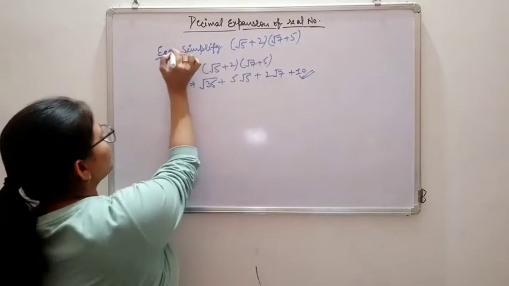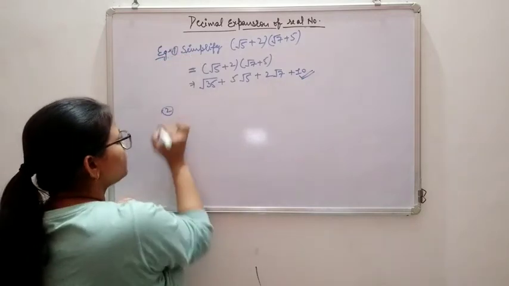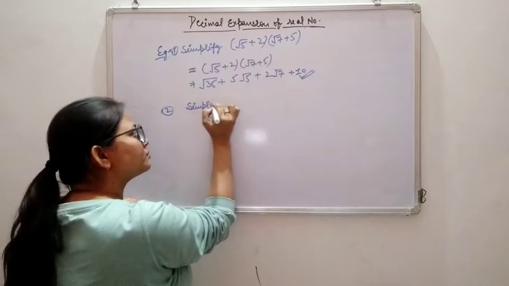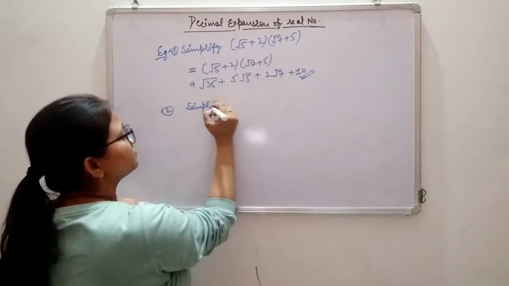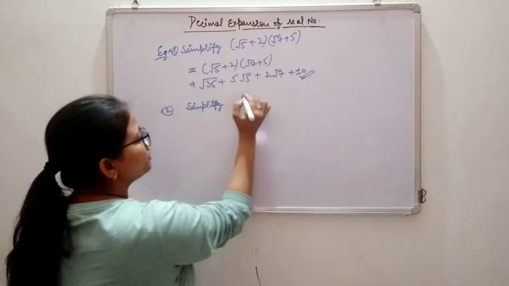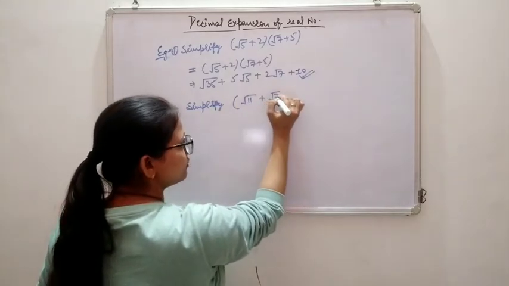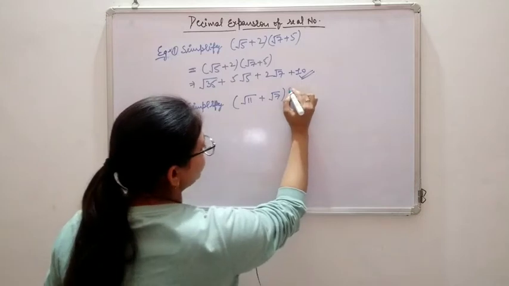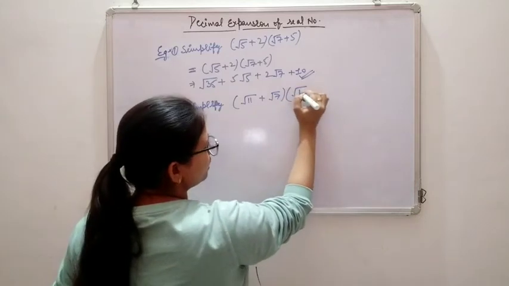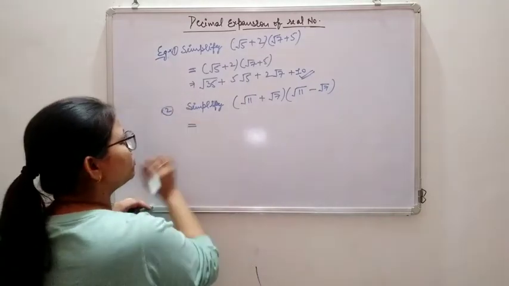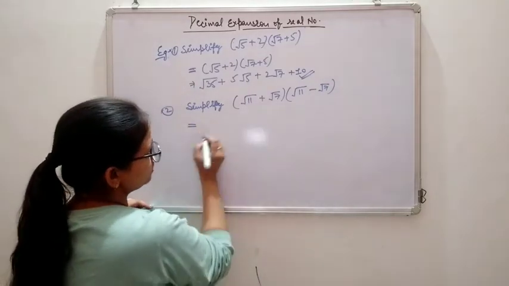Okay, so let's take another example. Simplify root 11 plus root 7 multiplied by root 11 minus root 7, right? So let's try to find out the result of this.